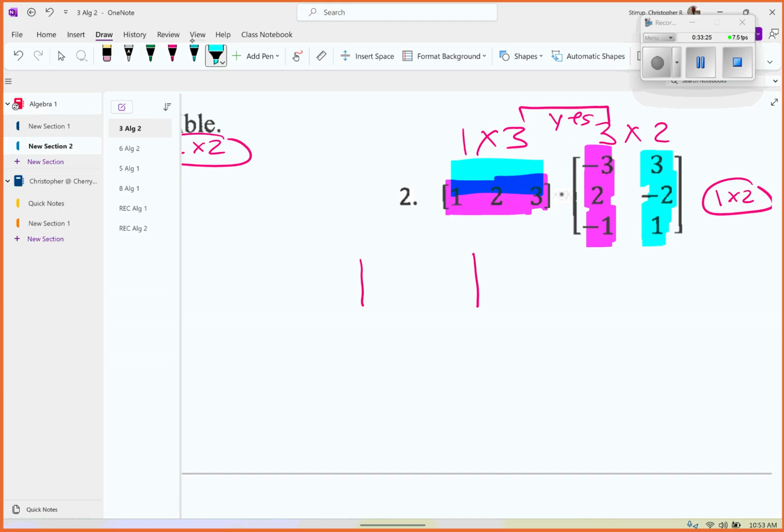I'm going to see if I can get the answer in my head. Okay, I actually did 3, and I got plus 4 minus 3. So that's 2. Okay.